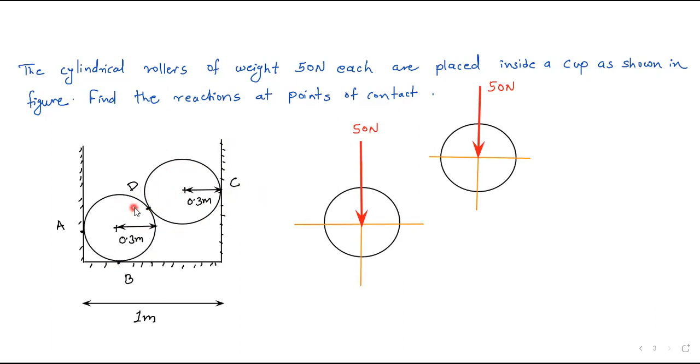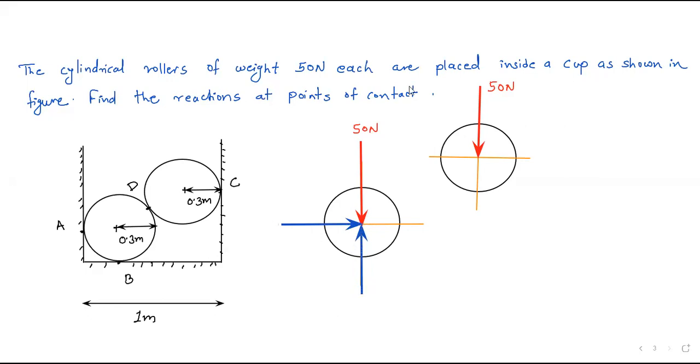Now if I show you all the reactions, my first reaction will be this one at A, the horizontal reaction. I will call this RA. The next reaction is this one, RB.